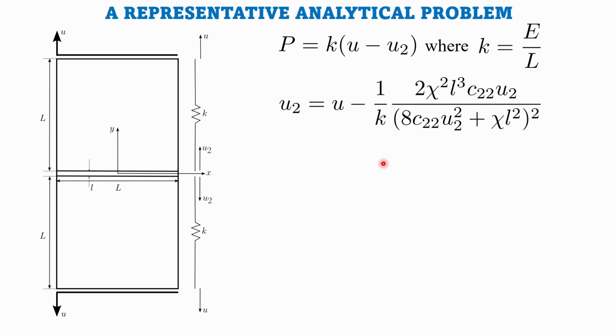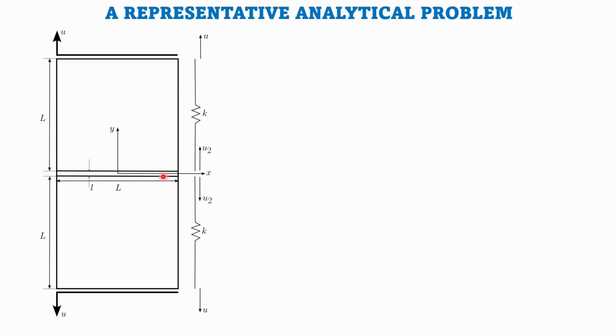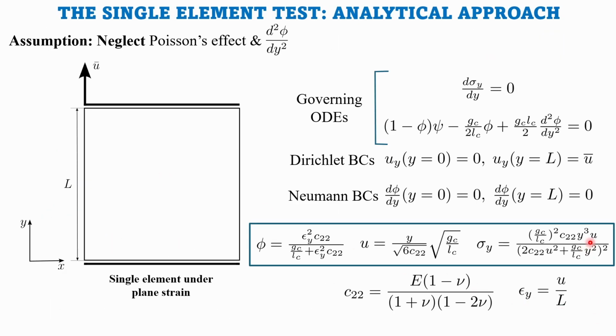Now, this expression is only valid for this layer. Okay? That's why this y is the y directional position. Now in this single element test, we always consider this single block as deformable. Correct?